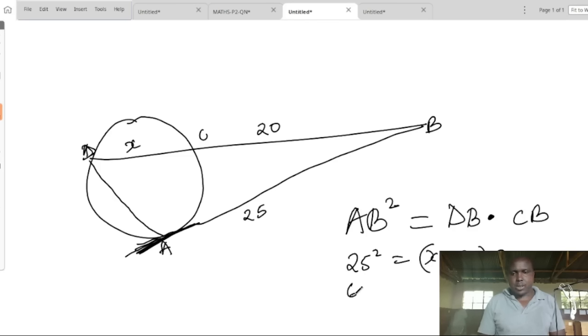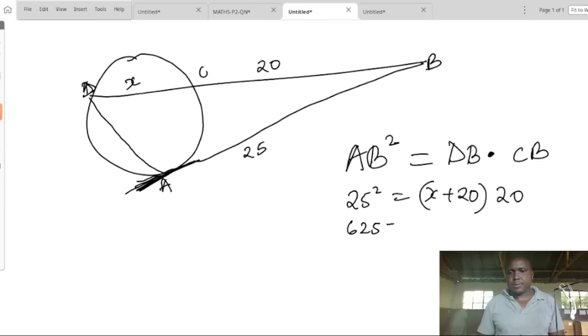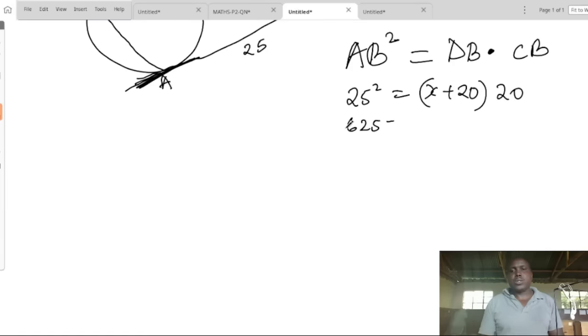So that is 625 is equal to 20X plus 400. Like terms together, this is 625 minus 400, that is 225 is equal to 20X.